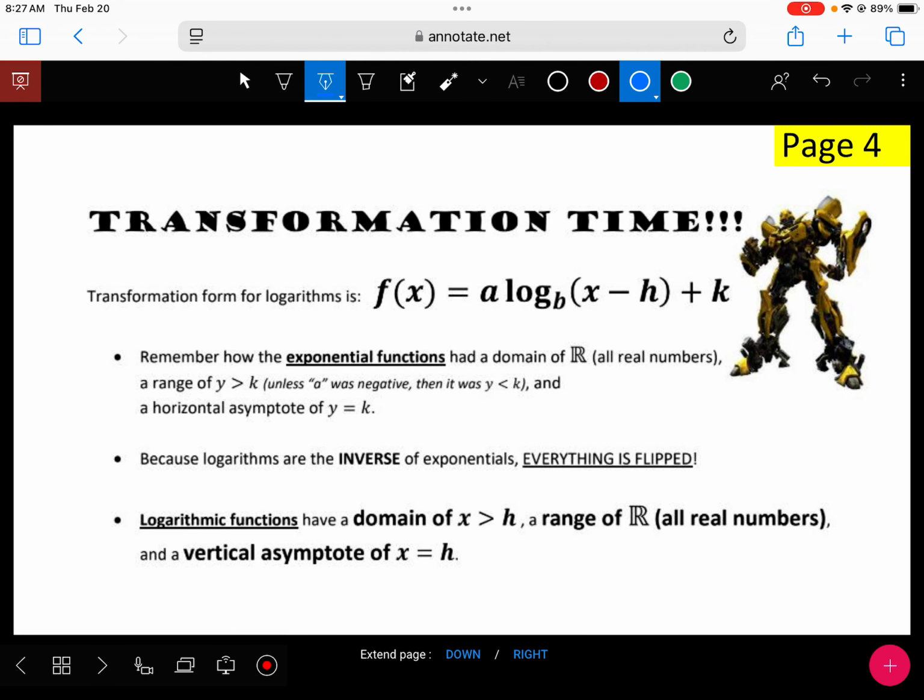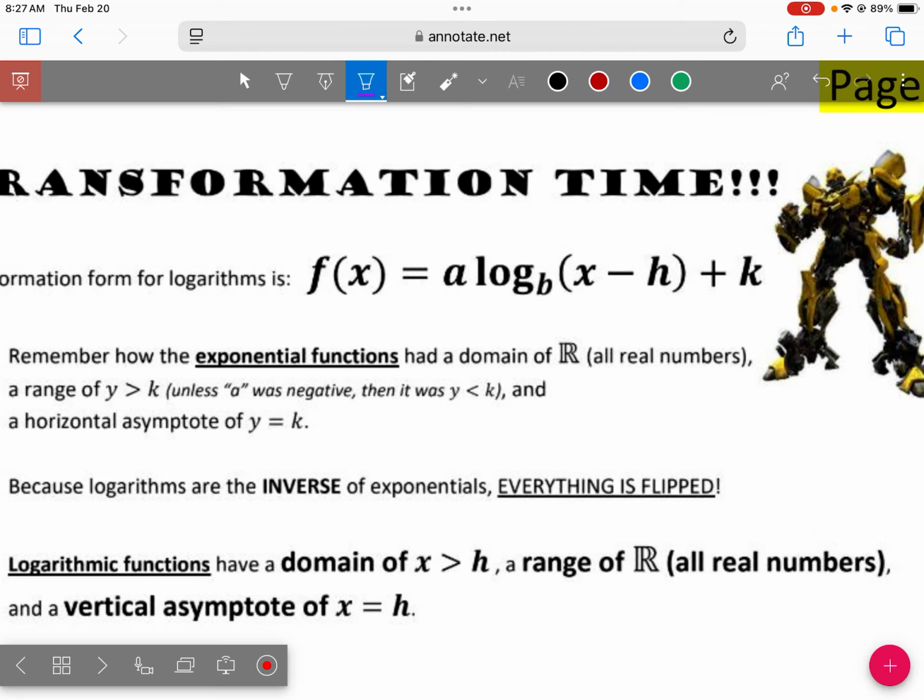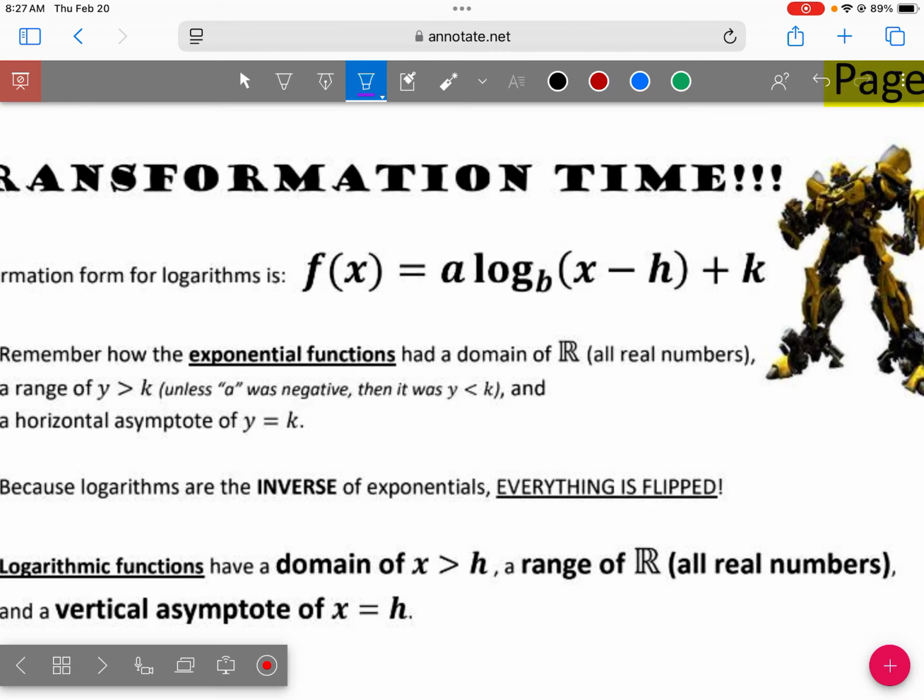Now that we have our introduction, let's get to the fun part, which is transformation. See, I got the transformer up there. So, AH and K is back. AH and K never goes away, ever. Now, A is going to be in front of the log. H is inside of the parentheses.